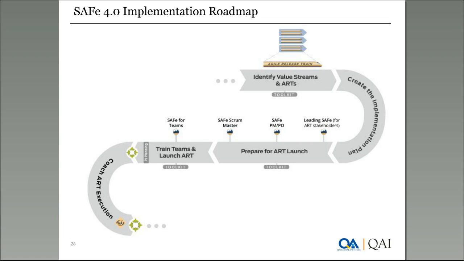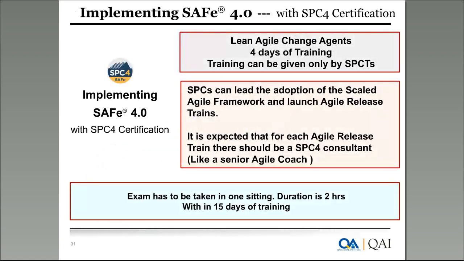One should use a combination of both internal and external change agents, mentors and coaches to implement SAFe to start with. Then once the organization gets to maturity, perhaps you can run with your internal change agents. The SPC4 certification is for creating such change agents, the people who lead the adoption of the Scaled Agile Framework and launch agile release trains.